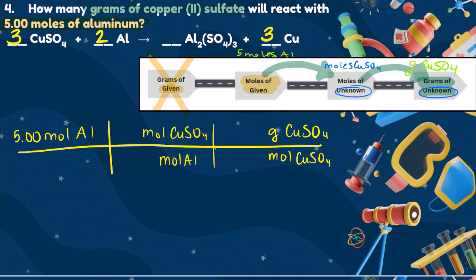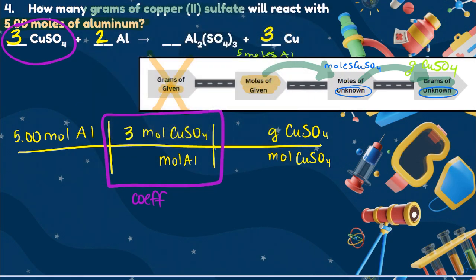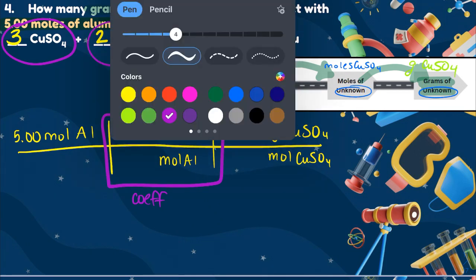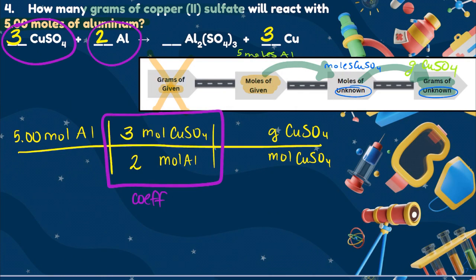Okay, so just like before, I'm going to put a purple box around the section that I'm focusing on. Right here I have moles to moles, so I'm going to use the coefficients from the balanced equation. Copper sulfate has a coefficient of 3, so that will go on top. And then aluminum has a coefficient of 2, so it will get the number 2.